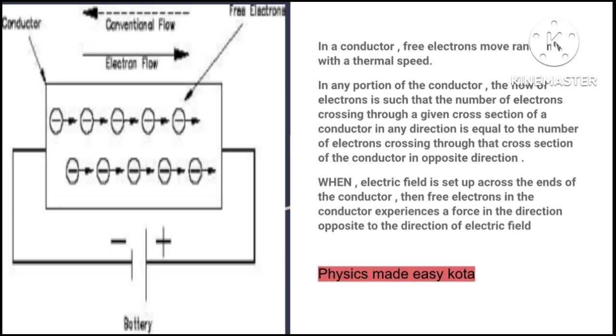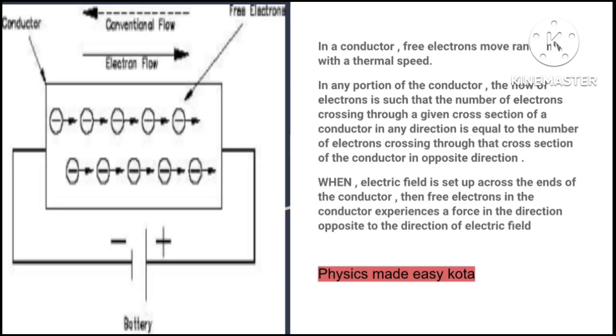In the figure, the diagram shows the motion of the electrons and also the direction of the conventional current. We assume this conductor, and we can take a very small portion of it, and we assume that the flow of the electrons is such that the number of electrons crossing a given cross section of the conductor in any direction is equal to the number of electrons crossing that cross section in the opposite direction.